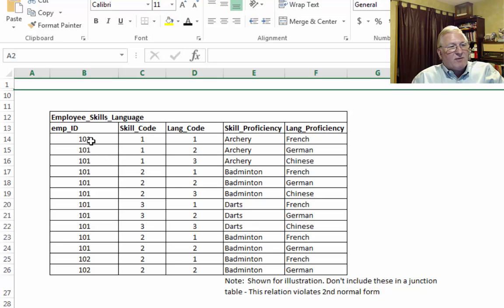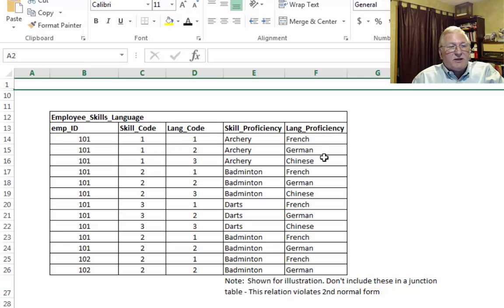And here you can see the problem. Employee 101 plays archery, plays badminton, plays darts, and also speaks French, German, and Chinese. And if we're going to put all of this stuff into one table, for each instance of archery, then we have to indicate in a separate tuple or row the fact that he speaks French.